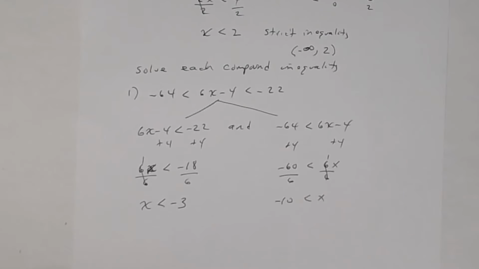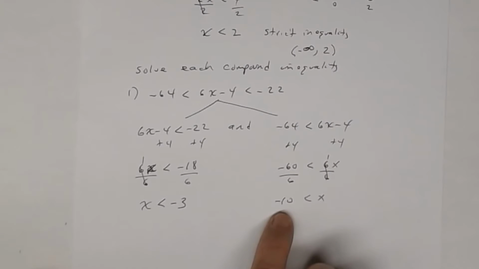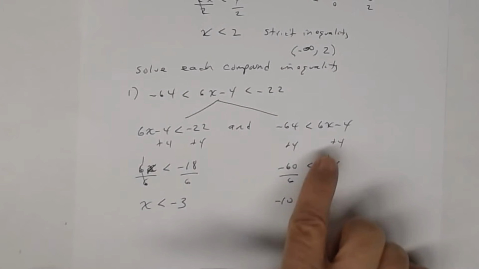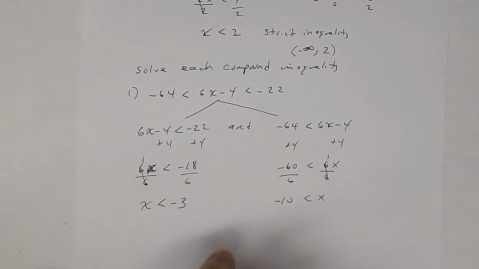All right, now, most students prefer, see how x is on the left-hand side? Most students prefer to have x on the left-hand side as well. It does not matter. You can leave it like this, but remember what this says. The solutions to this right here are any number. So basically, this is saying that -10 is the smallest of all the real numbers that will be a solution to this.